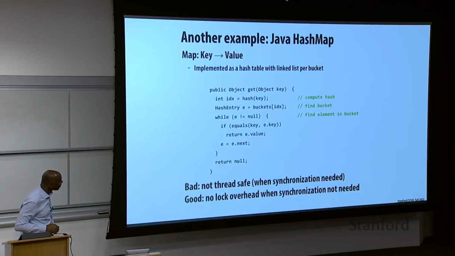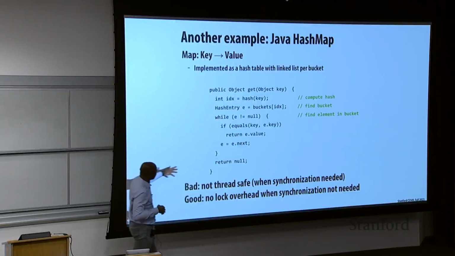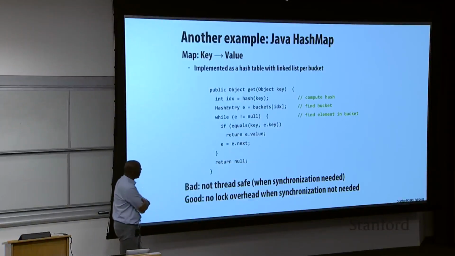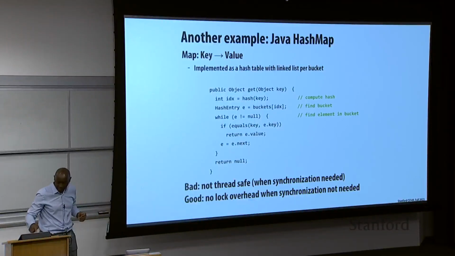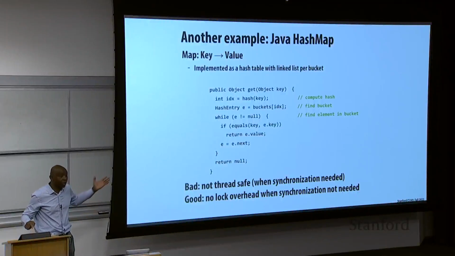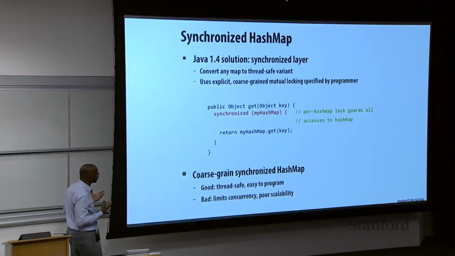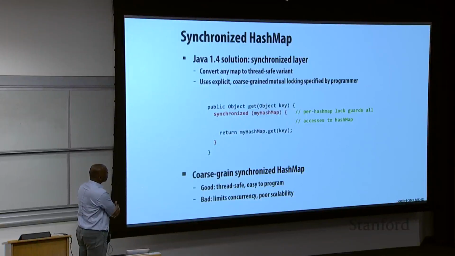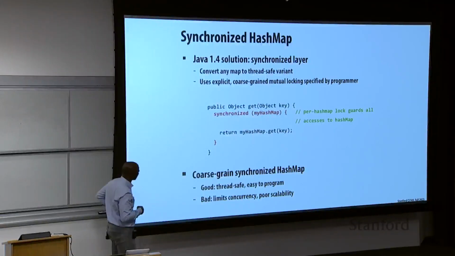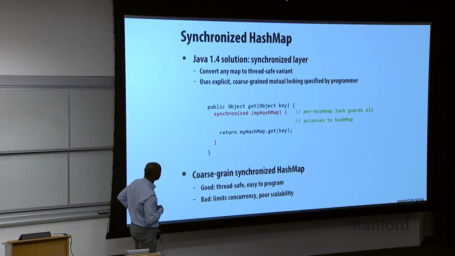So it's not thread safe, and so of course it doesn't have any extra overhead for locking, but it'd be a bad idea to use this in a threaded environment, right? So if you want to use it in a threaded environment, what you want is some sort of synchronized map, which is what Java 1.4 gives you.